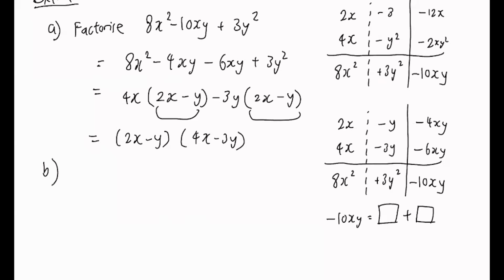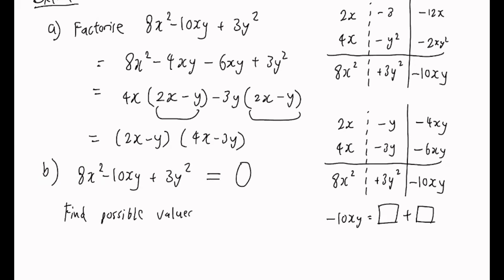Part B asks you, hence find the possible values of x and y if you got this expression on the left-hand side. Expression means you don't have an equal sign. But now I change it to an equation equals to 0. The question is actually asking you to find possible values of x over y.